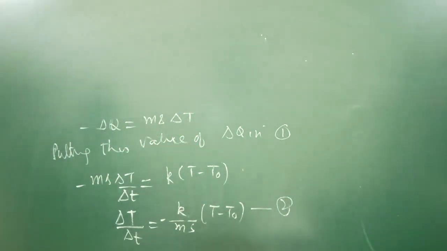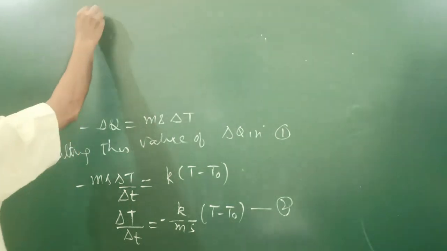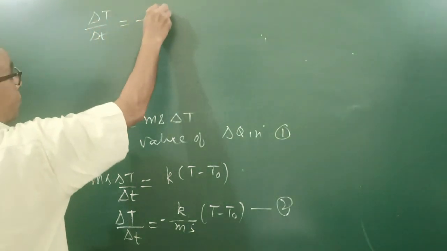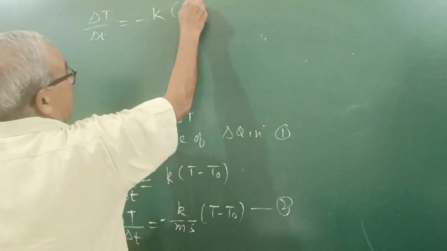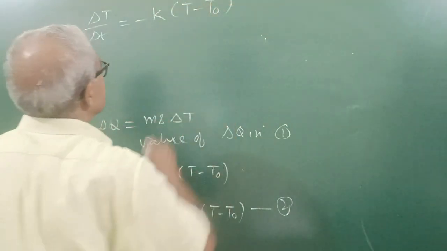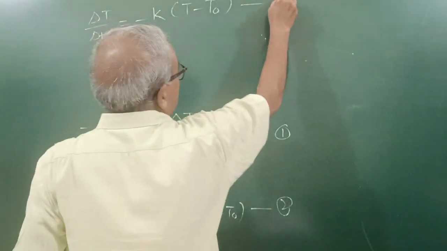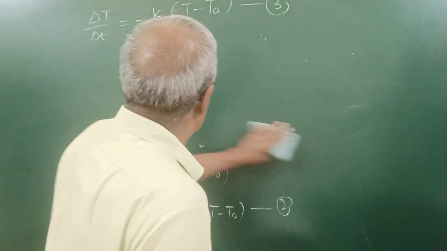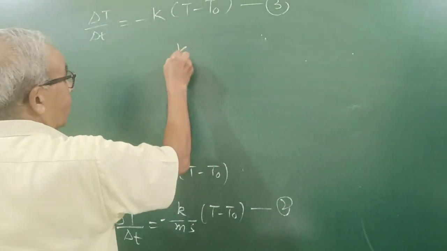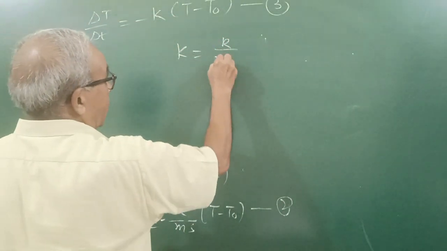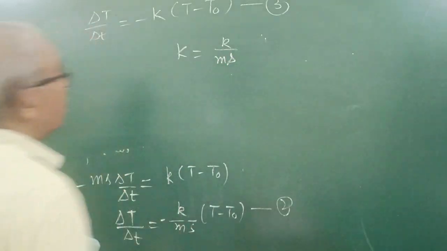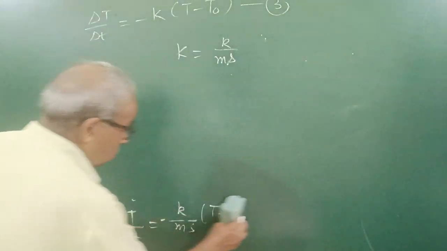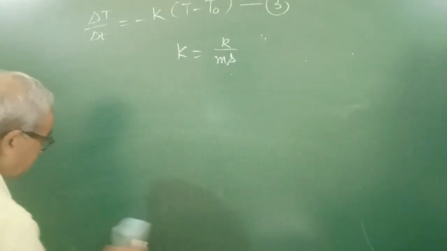now, we can write that delta T upon delta t is equal to minus capital K, T minus T0, where capital K is equal to small k upon m into s. It again depends on the area and nature of the whole body.